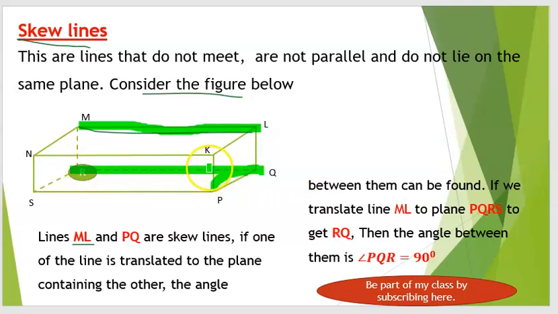If you want to get the angle, you realize that the angle between them is PQR, this angle here, and that angle is actually 90 degrees. So skew lines are those lines that do not meet, are not parallel, and do not lie on the same plane. To get the angle between them, translate one to the other and then get that particular angle.